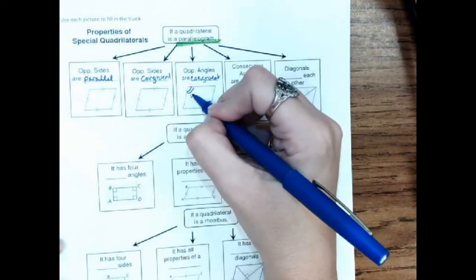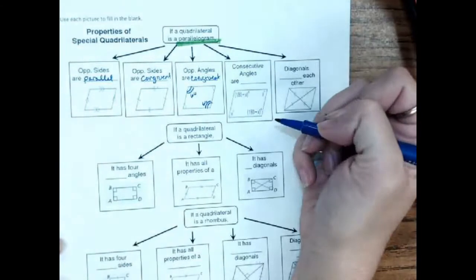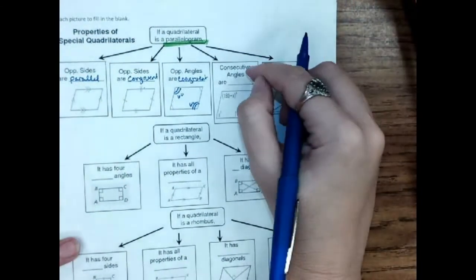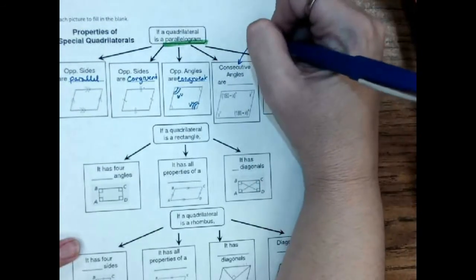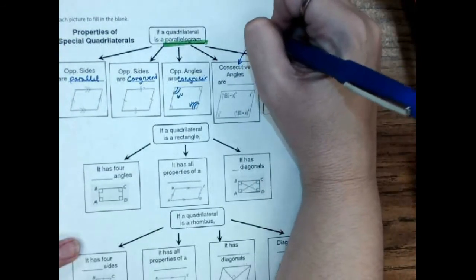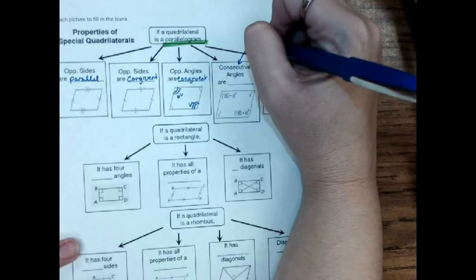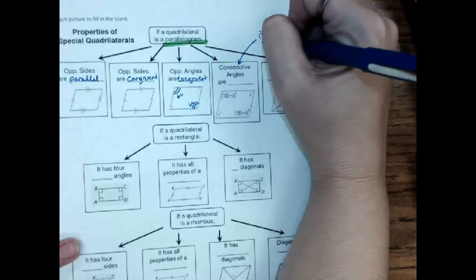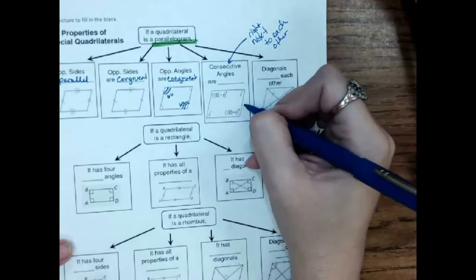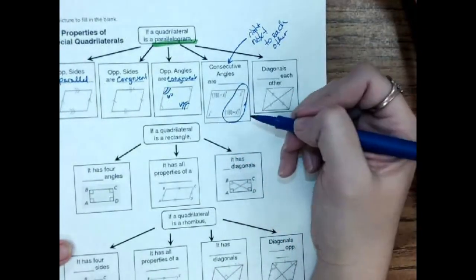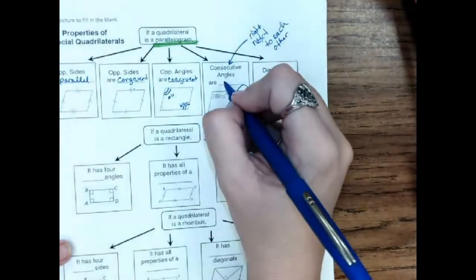So if this is 60, this is also 60. Consecutive angles. Consecutive means right next to each other. So the two that are right next to each other add up to 180. So those are supplementary.